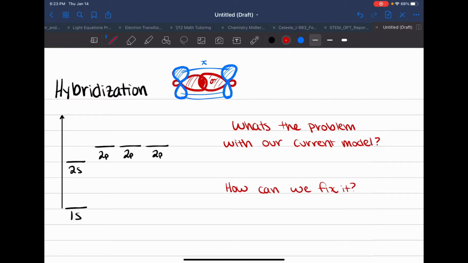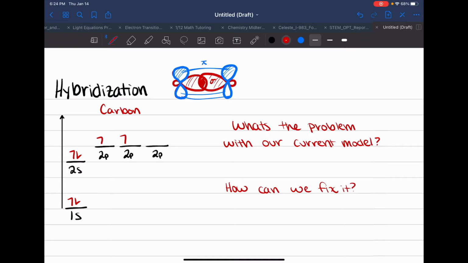I want us to draw out the electron configuration of carbon. Carbon has 1, 2, 3, 4, 5, 6 electrons in its ground state. This is how we've traditionally shown carbon's electron configuration. However, there seems to be an issue with this, right?